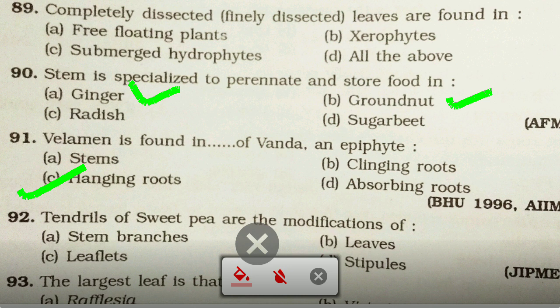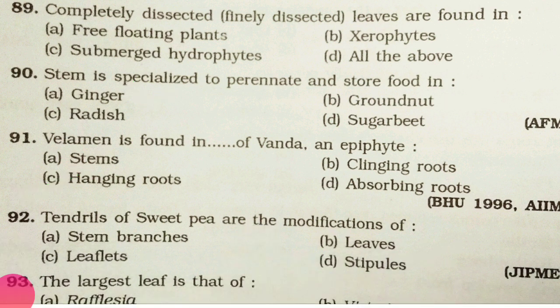Actually this velamen is made of non-living compact cells, and they provide support, prevent water loss and assist the plant in absorbing water also. So this is the characteristic of velamen, which helps the epiphytes to adapt to the particular environment.